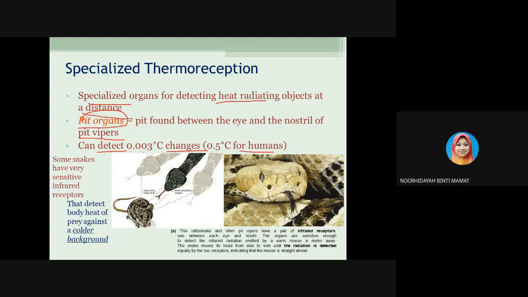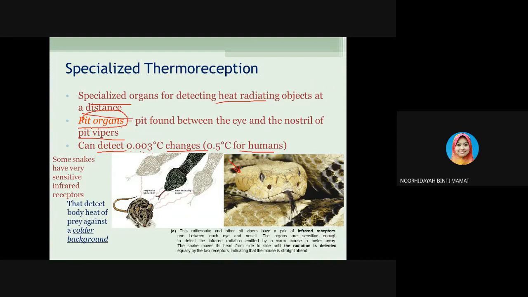Some snakes have very sensitive infrared receptors, with which they can detect the body heat of prey against a colder background. This rattlesnake is an example, and other pit vipers also have a pair of infrared receptors, one between each eye and nostril.